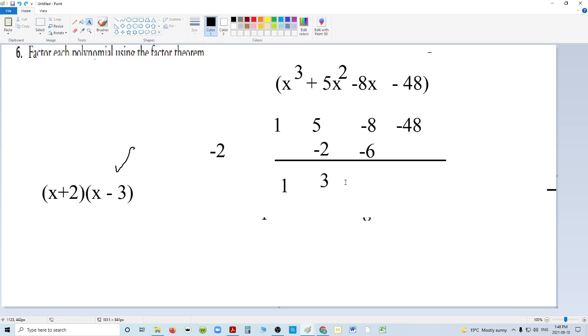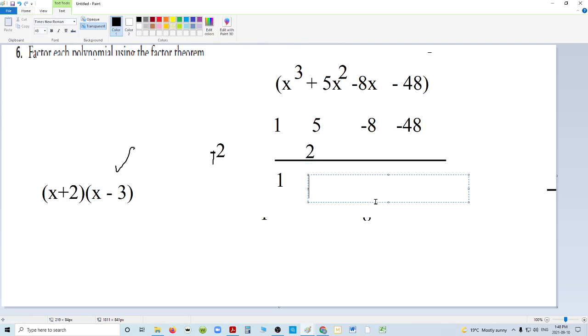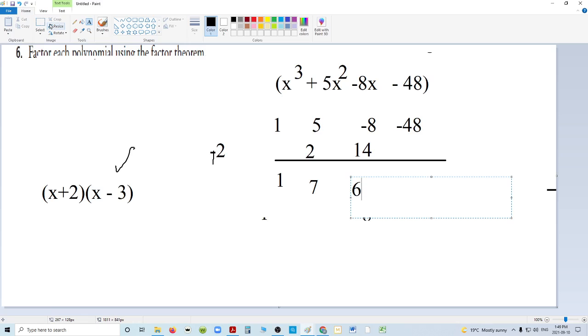Nope. So I can try positive 2. Notice that synthetic division is sometimes even faster, and I would recommend trying it. So I just ruled out 2 very quickly.